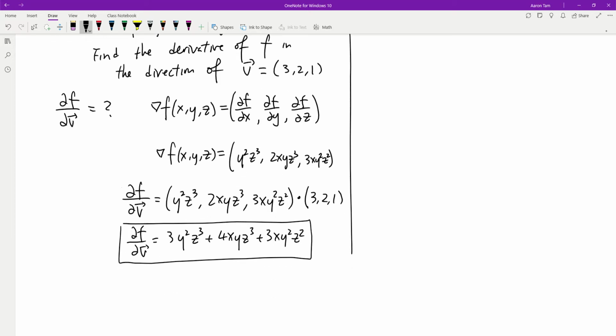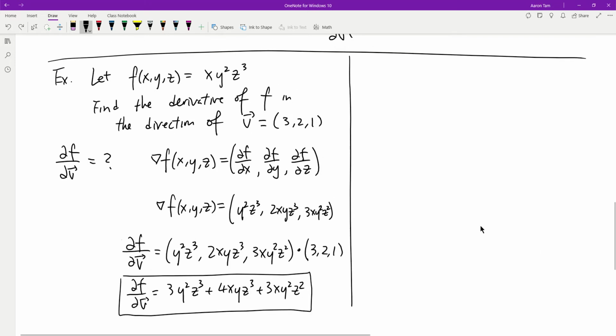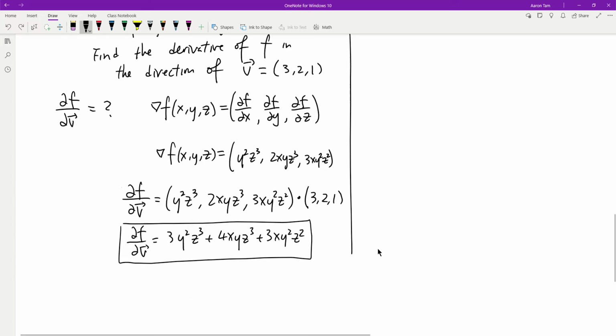Now, one thing I do want to show you is the following. What if I want to evaluate this at a specific point? Let's say the next thing I want to do is this.